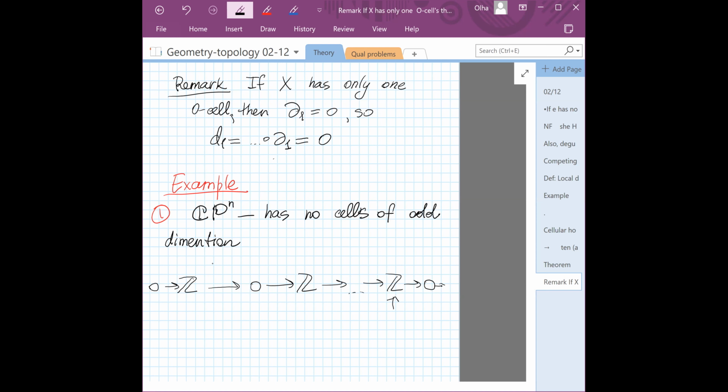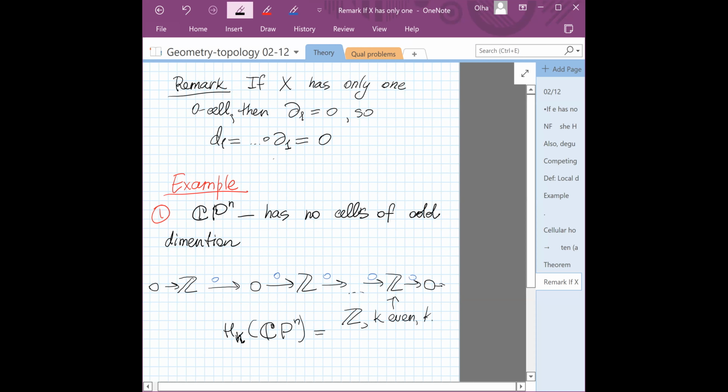Okay, cool. So that will mean that all of the maps are zeros. And that would mean that Hn is Z if k is even and k is less than or equal to n, and 0 otherwise.